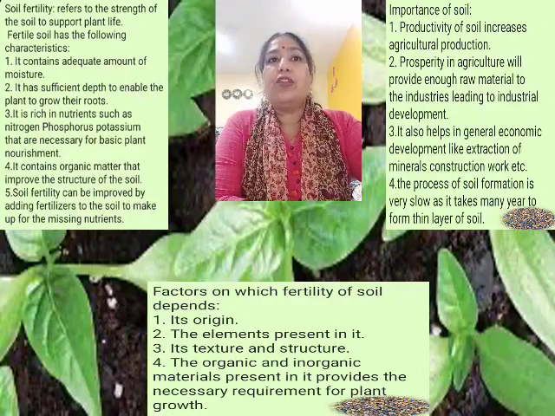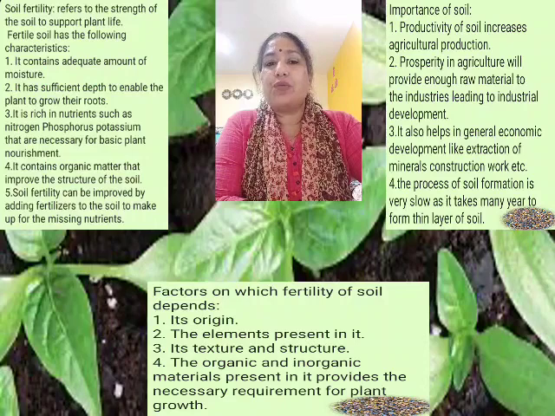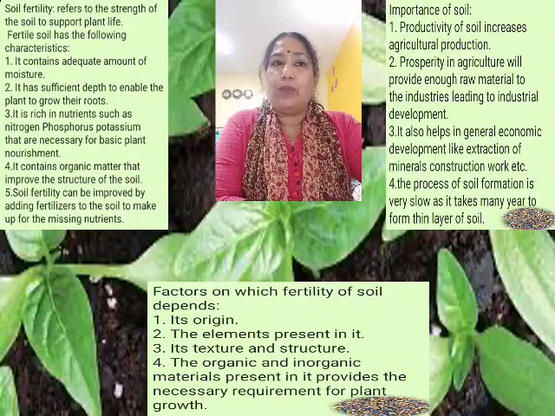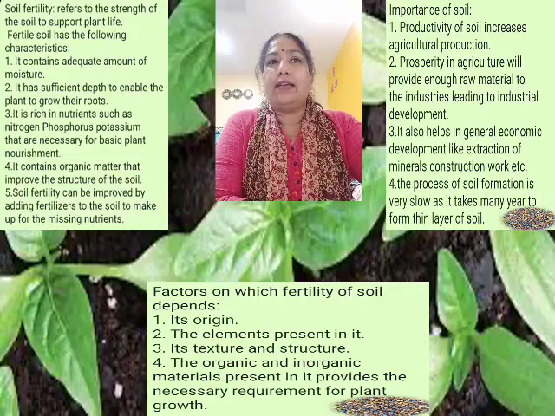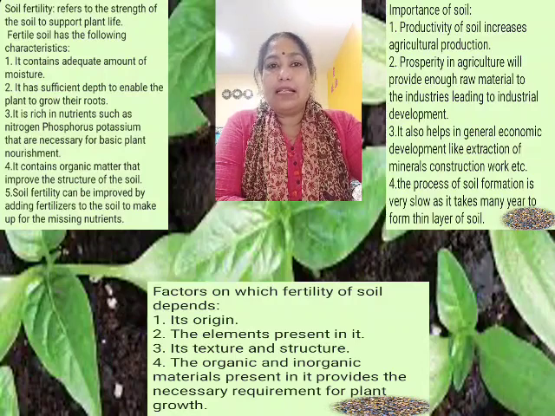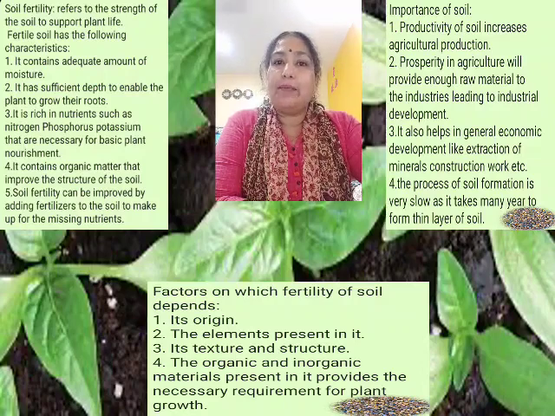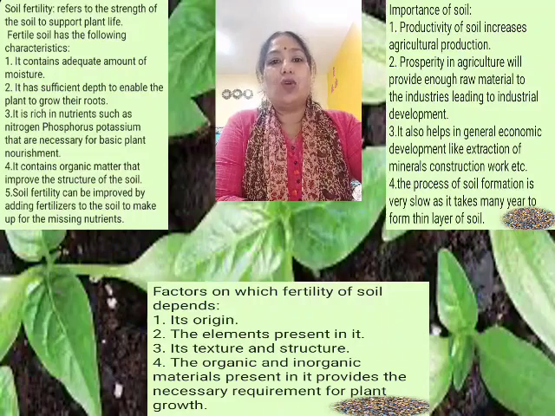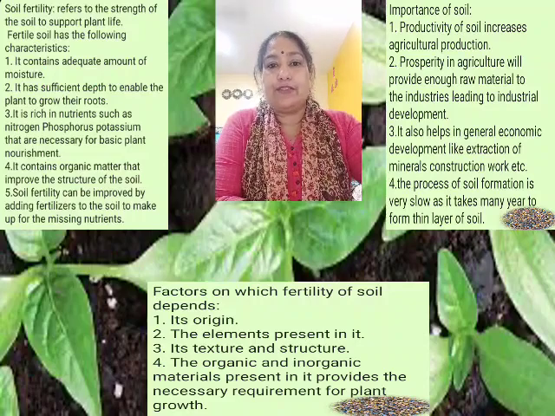Third point, it also helps in general economic development like extraction of minerals, construction work, etc. And the fourth point, the process of soil formation is very slow as it takes many years to form the thin layer of soil. These are the points which come under the heading importance of soil, and you can write the same points under the heading why the soil should be conserved.